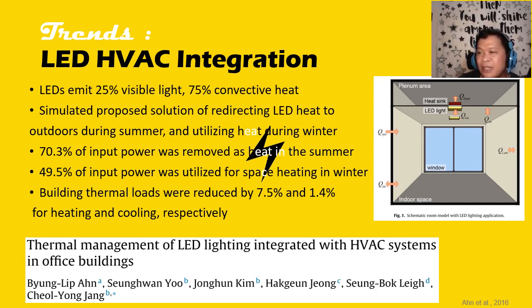And for winter naman, you're utilizing energy balance, di ba? The heat produced by the LEDs to heat the space to lessen your heating bills sa whatever it is you're using for heating. Okay? This resulted in thermal loads reduced by 7.5% for heating and 1.4% for cooling, respectively. So again, this is just a matter of energy balance being practiced and at the same time lengthening the bulb's lifespan. Two birds with one stone.